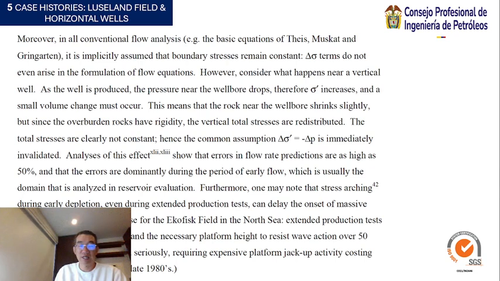Extended production test data to identify compaction and the necessary platform height to resist wave action over 15 years was thus underestimated seriously, requiring expensive platform jack-up activity costing about $500 million in the late 1980s.